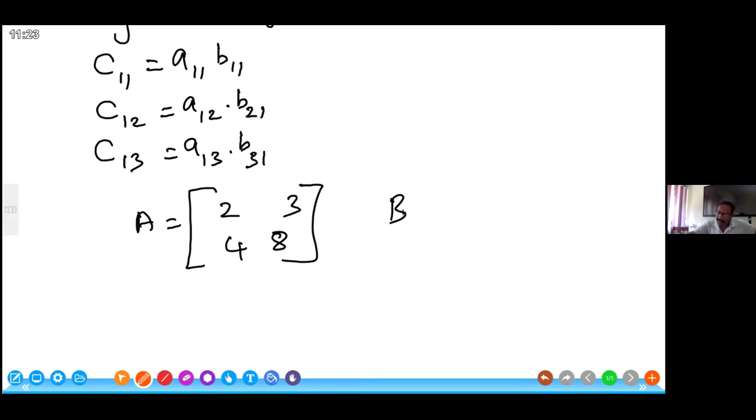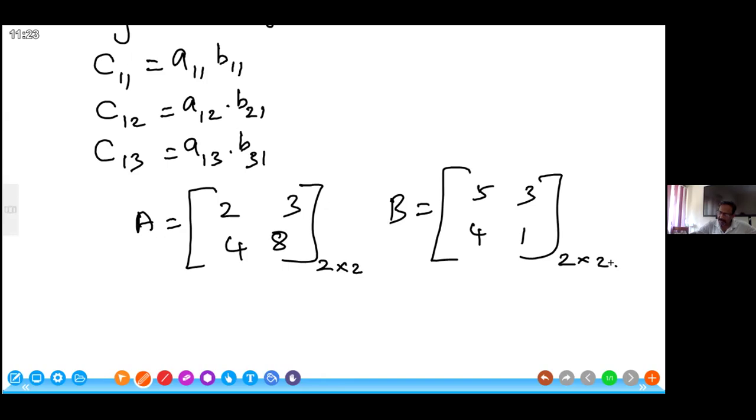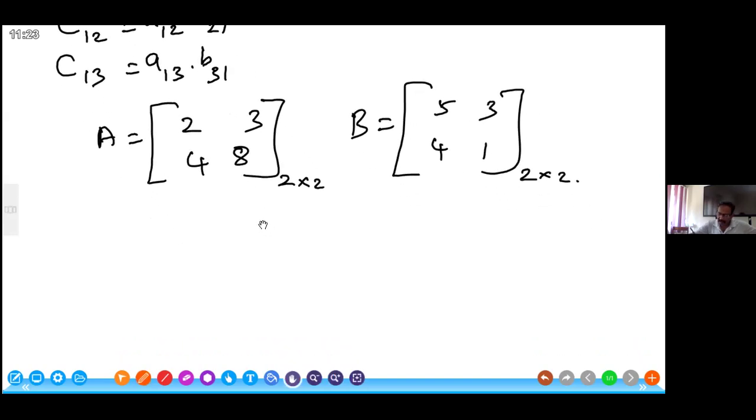I'll take another simple matrix, matrix B: 5, 3, 4, 1. So this is 2 into 2, this is also 2 into 2. We can multiply these matrices because when you multiply A into B, the number of columns in A should be equal to the number of rows in the second matrix. That is equal in this case because it is a square matrix.